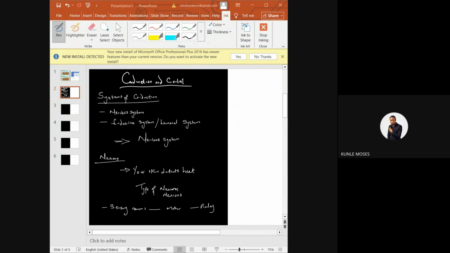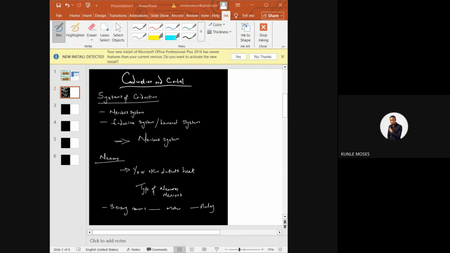What they do simply is connect the sensory neuron and the motor neurons together, acting like a connector, just like an interpreter. So the moment you dash your leg on a hot object, the sensory neuron takes the message to the brain. The relay neuron is acting like an interpreter, calling on the motor neurons to take the message to the glands or to the muscles.